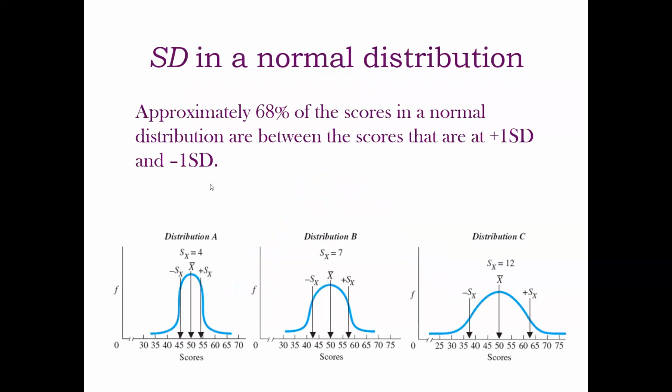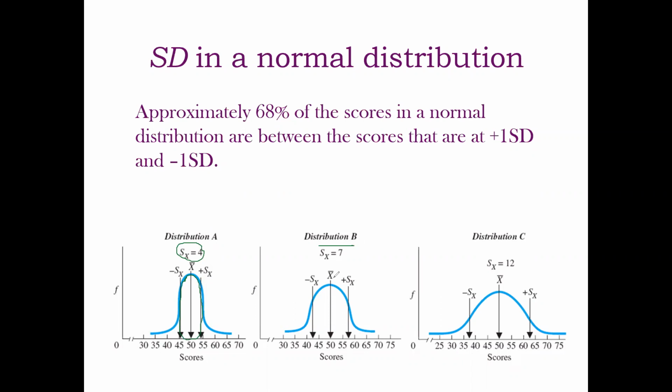Now, the shape of the distribution can be different. There are many different normal distributions, right? It could be that the standard deviation is very small. Here we have a standard deviation of 4, in which case we have a distribution that is high, narrow, not very spread out, but we're still going to have 68% of the scores within 1 standard deviation.